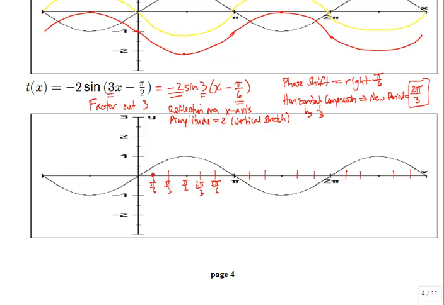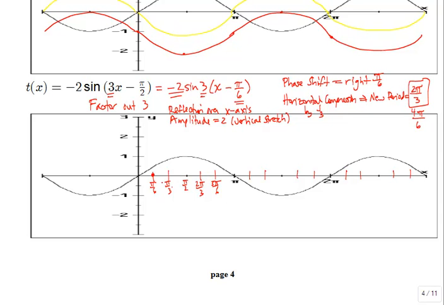Now the next thing that I think about after I know where I want to start is I need to know where I should stop, and that's where the period comes in. I need my cycle to start at pi over 6 and go for a width of 2 pi over 3 and then stop. So what is 2 pi over 3 the same as? Let me rewrite that as a denominator of 6 since I'm dealing with 6 here. This is the same as 4 pi over 6. 2 pi over 3 and 4 pi over 6 mean the same thing.